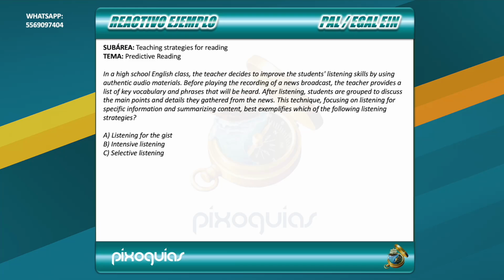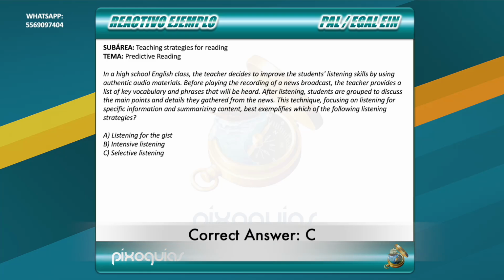After listening, students are grouped to discuss the main points and details they gathered from the news, and this technique, focusing on listening for specific information and summarizing the content, best exemplifies which of the following listening strategies: A. Listening for the gist, B. Intensive listening, C. Extensive listening, and D. Selective listening. The correct answer is D.